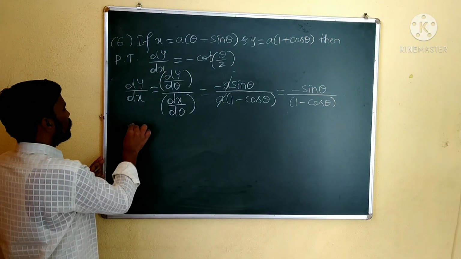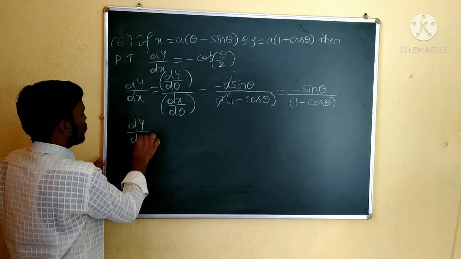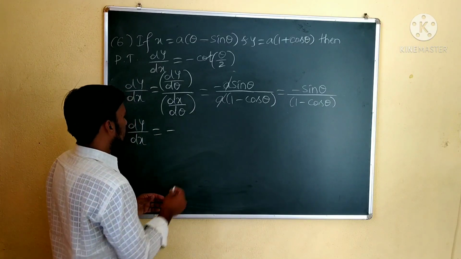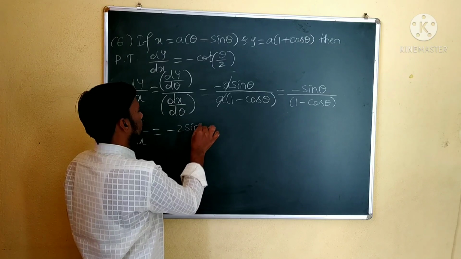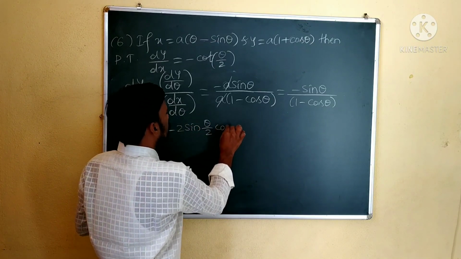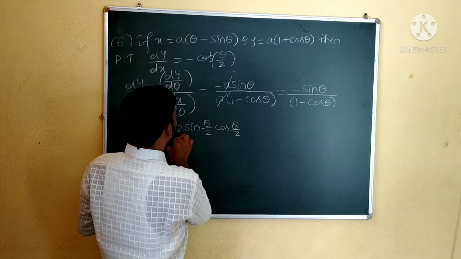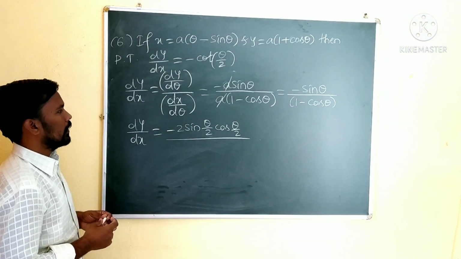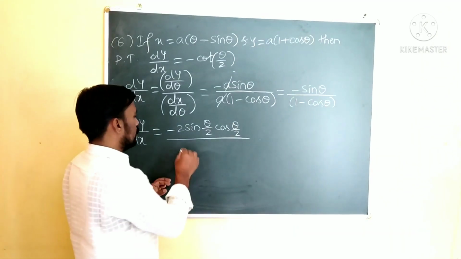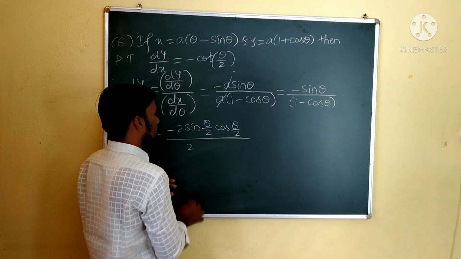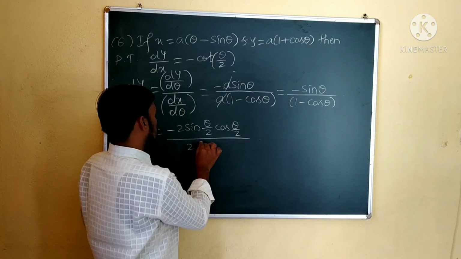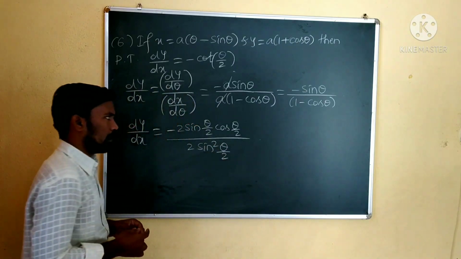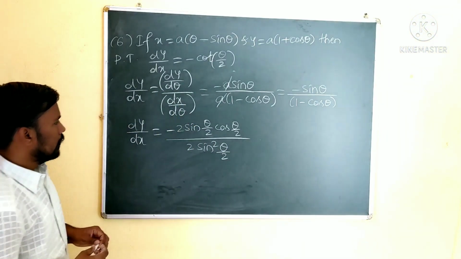dy by dx is equal to minus, keep this sign as it is, sin theta is nothing but 2 into sin of theta by 2 into cos of theta by 2, divided by, same thing in the denominator also, 1 minus cos theta. 1 minus cos theta is nothing but 2 into sin square theta by 2.